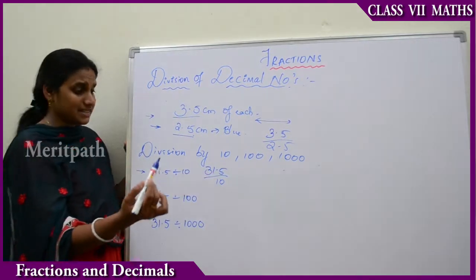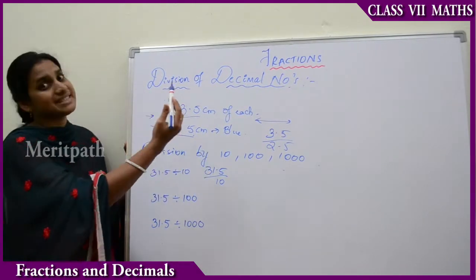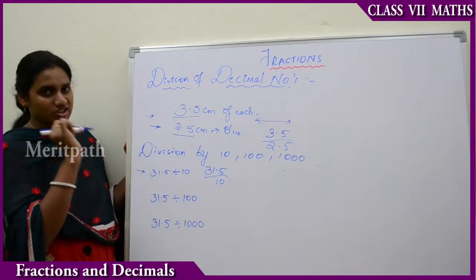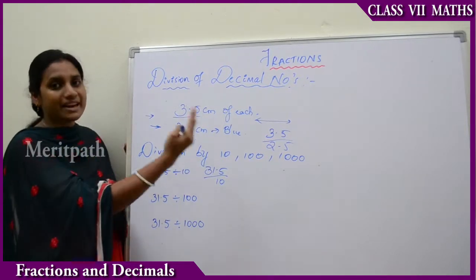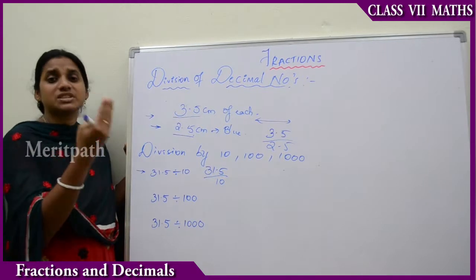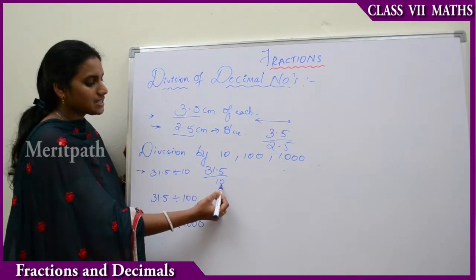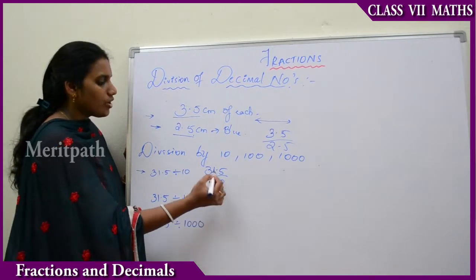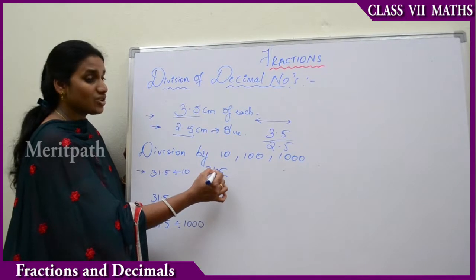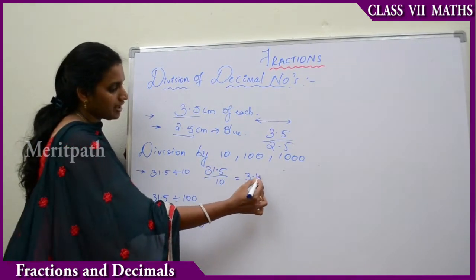You will be observing, see, the value will be the same, but the point will be moved towards the left side for division. While coming to multiplication, the point will be moving towards the right side based on the number of zeros after 1. Okay, now here we are seeing that there is only 1 zero after the 1. So we will be moving this point towards the left side by one place. That is, the answer is 3.15.